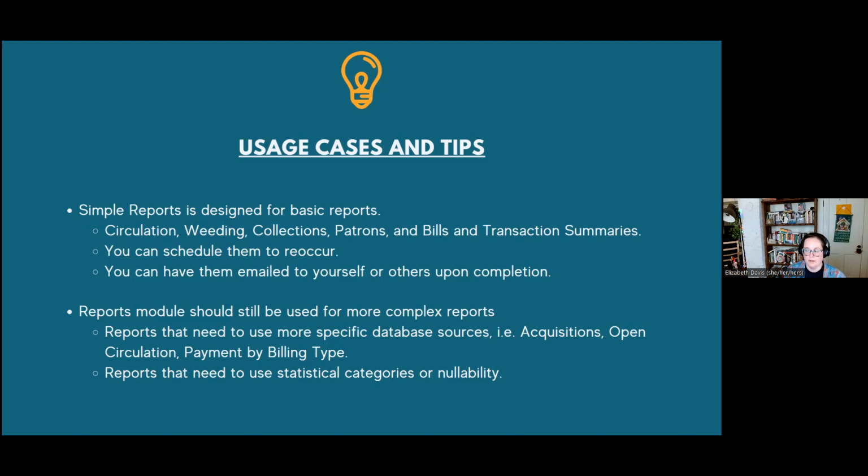Again, things that require nullability or statistical categories, we will still need the full one for. But for most reports, you could probably build them in the simple one. And again, you can email them to yourself and have them recur.